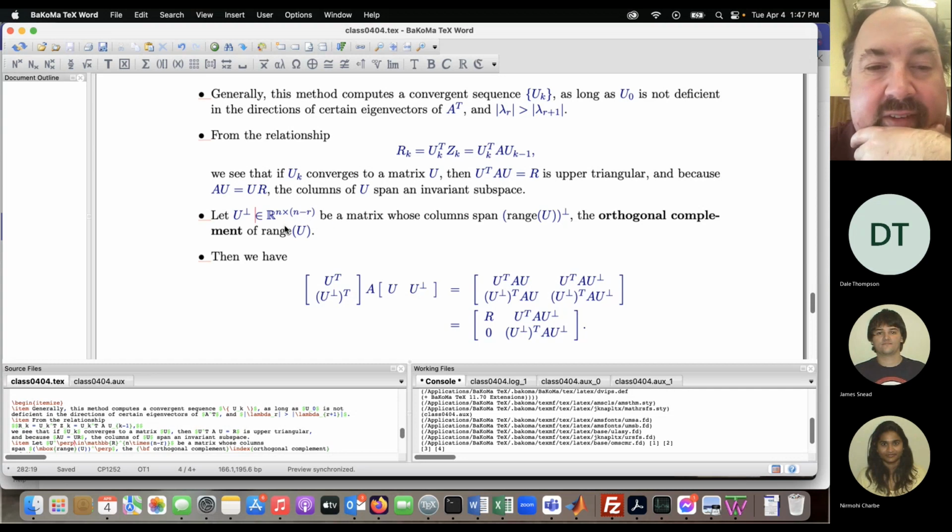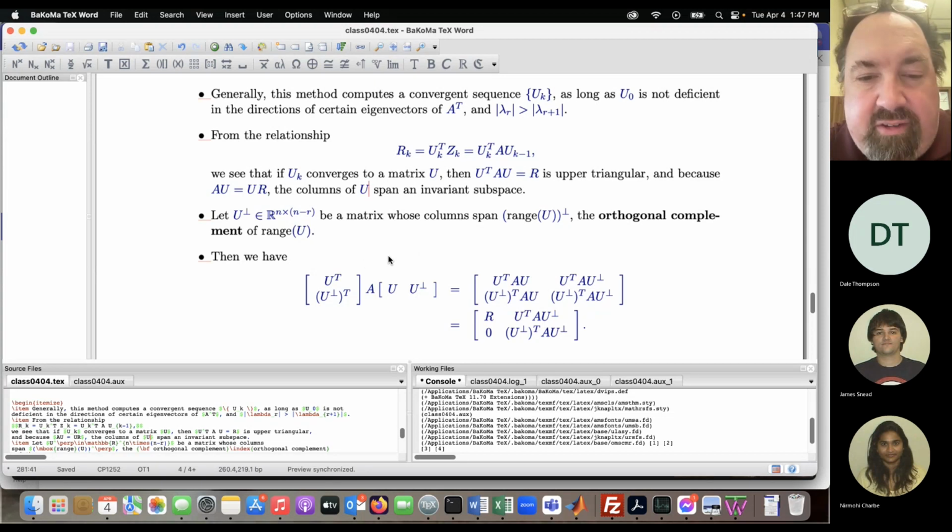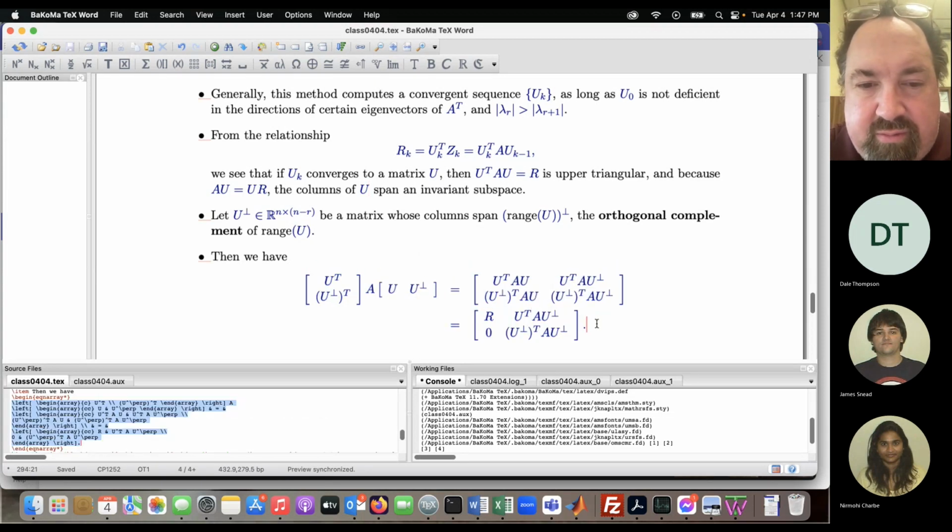All right, so because every column of this matrix is orthogonal to every column of U, the columns of this matrix span the orthogonal complement of a range of U. So now if I look at this matrix, which is square, and work out what it is, well, U transpose AU is equal to R, but AU is equal to UR.